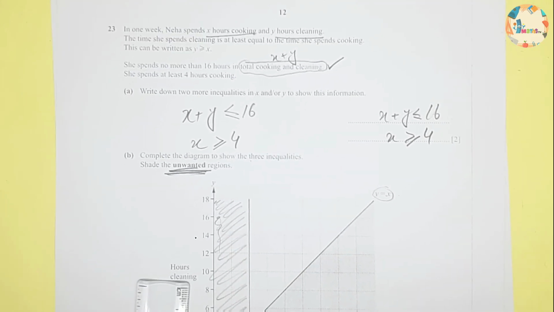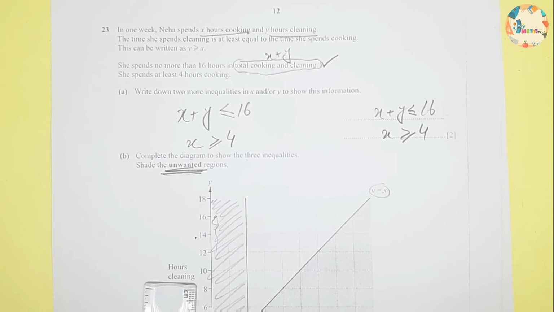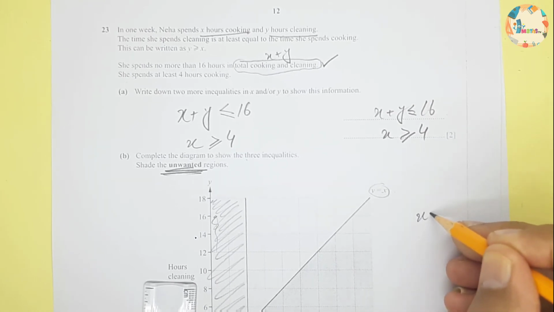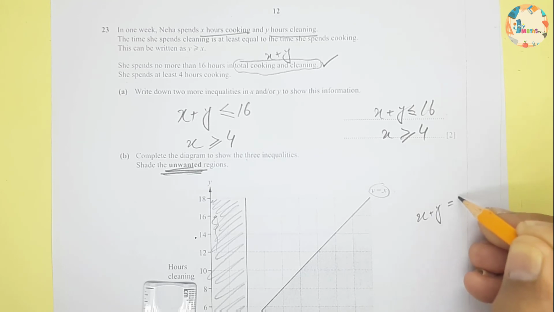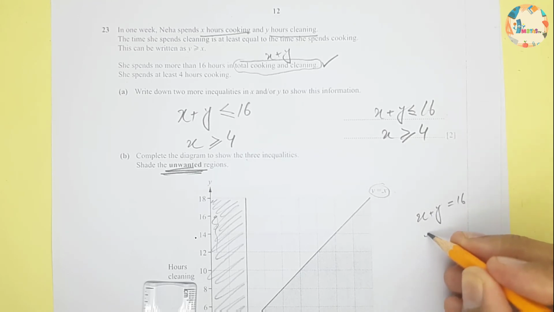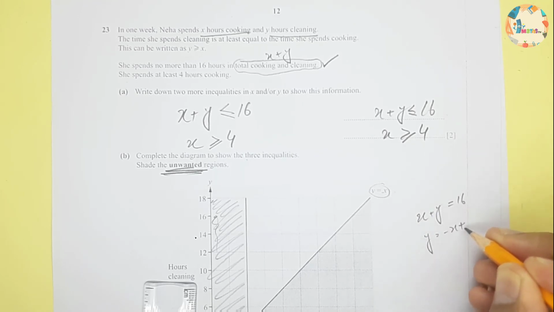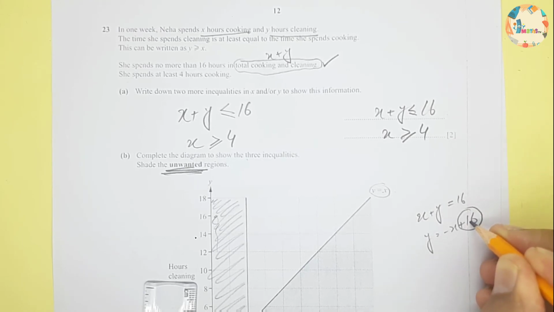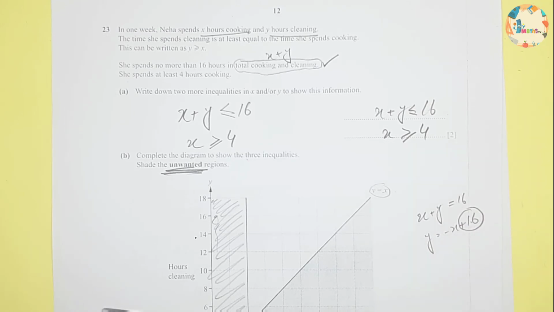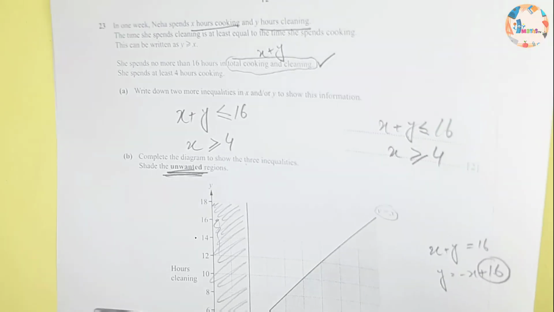The other equation is x plus y is less than or equal to 16. We can check for equal to 16, and y is equal to minus x plus 16. So this is the y-intercept passing through 16. I'll move the page a little up so that you can see properly.